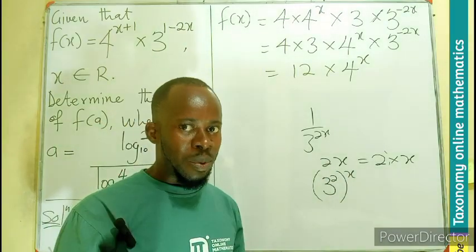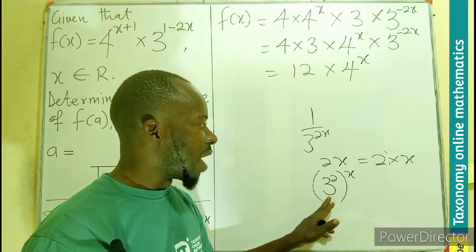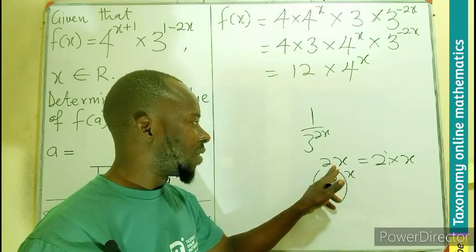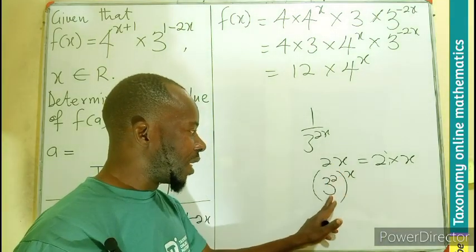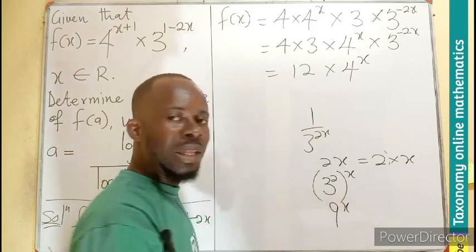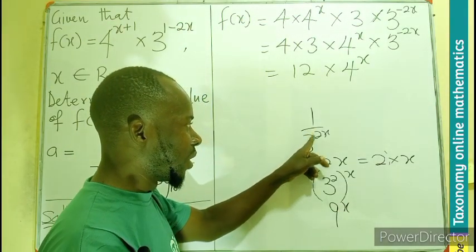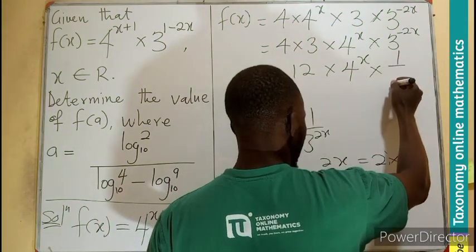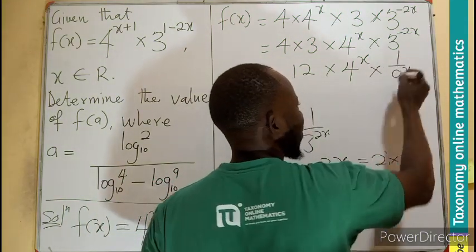This is also part of the laws of indices. If I have this, the powers will multiply, so 2 times x is the 2x. Picking it this way, the bracket will give us 9, then the exponent x, all still being a denominator. So times 1 on 9 exponent x.